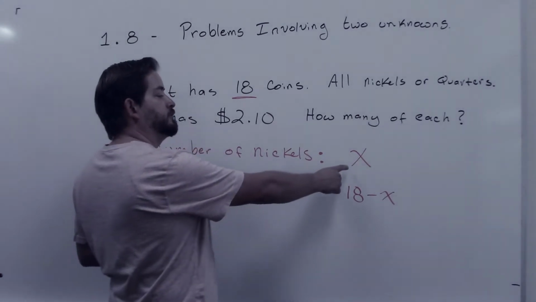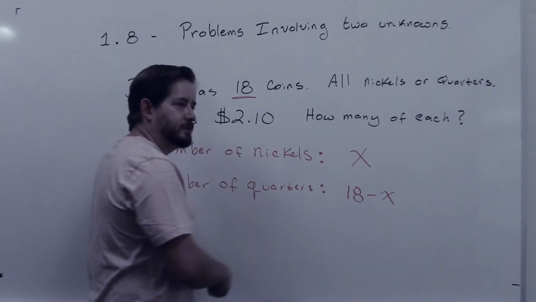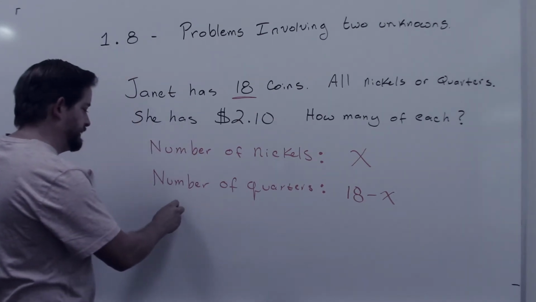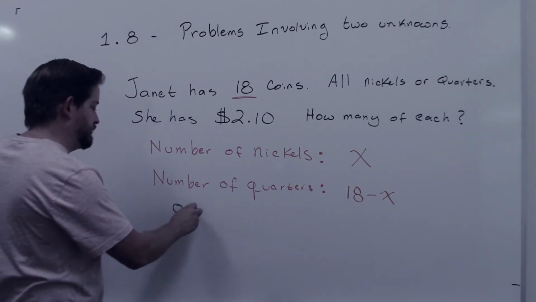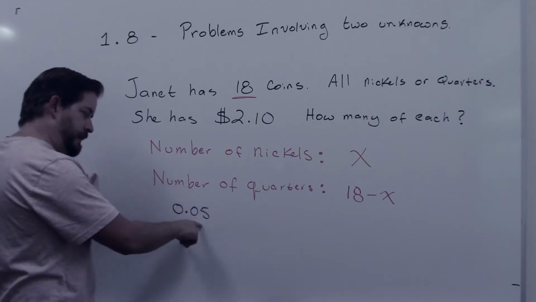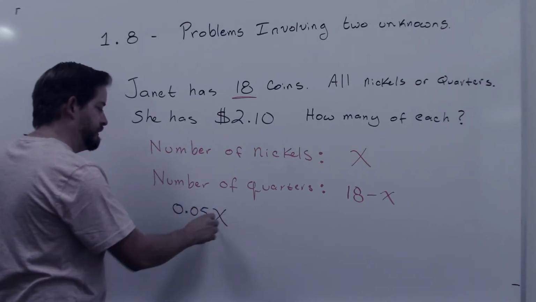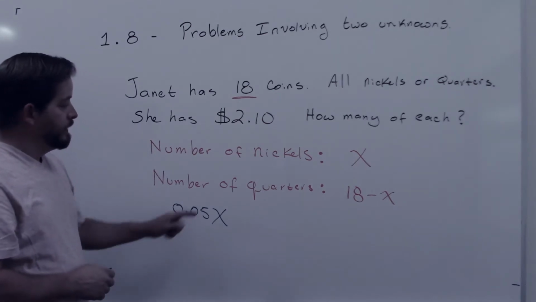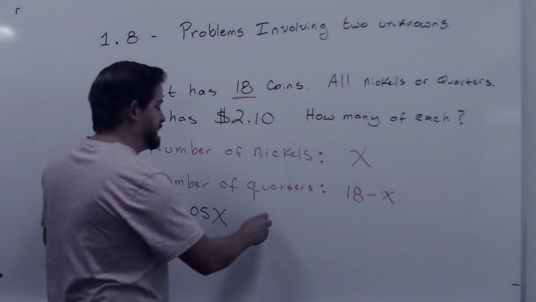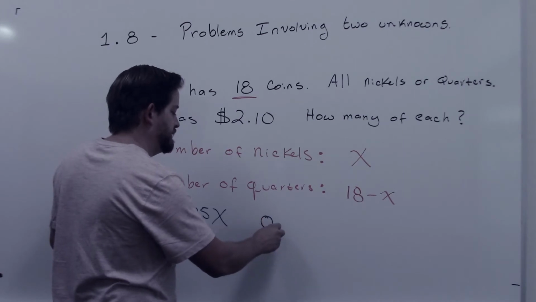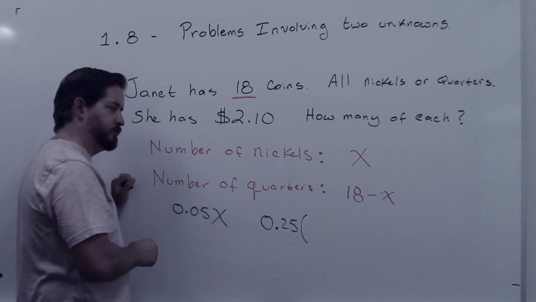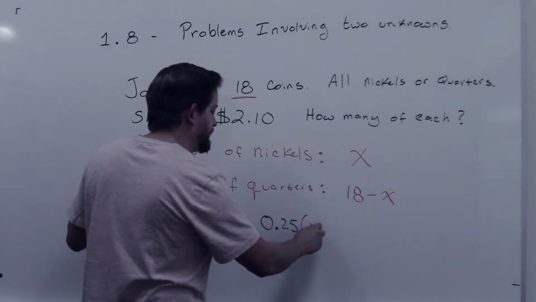Nickels are 5 cents, and I have X nickels, so the total value in nickels is 0.05 times the number of nickels. The value of my quarters is 25 cents each, multiplied by the number of quarters I have, which is 18 minus X.